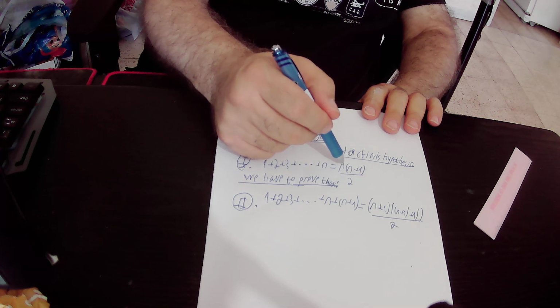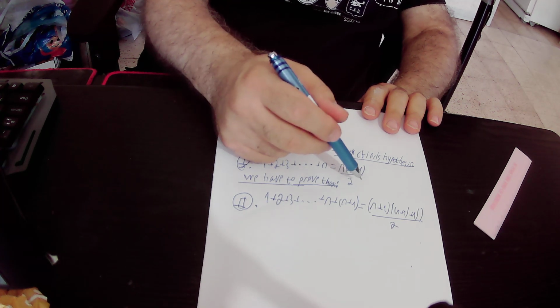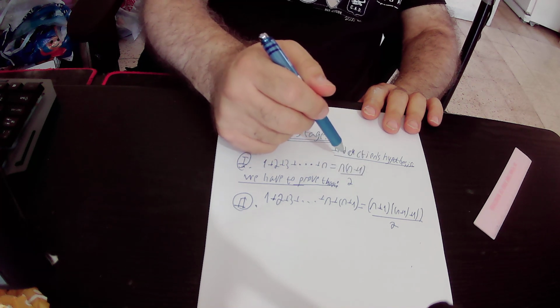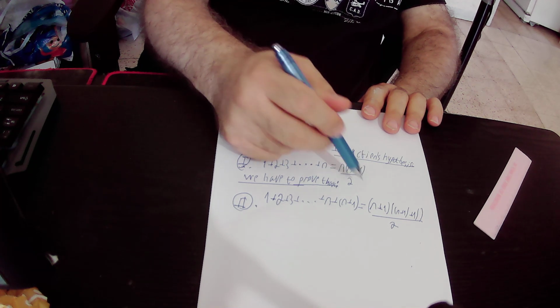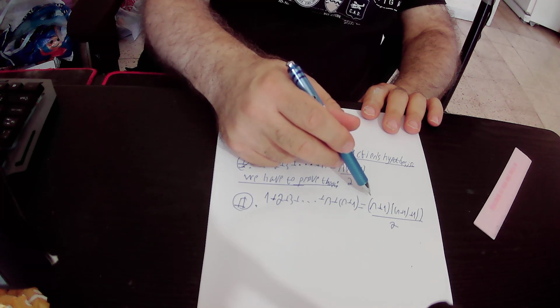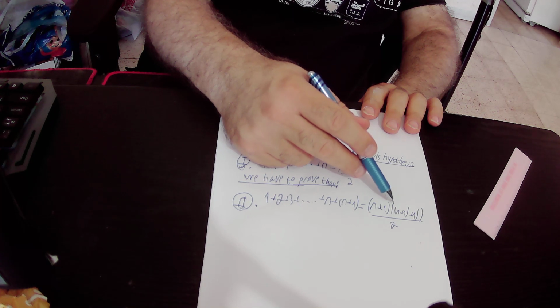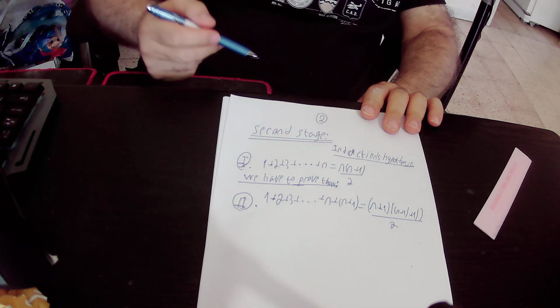So we actually substituted n from the original statement by n plus 1. Here n is written, so we wrote n plus 1, and here n is also written, so we wrote n plus 1.